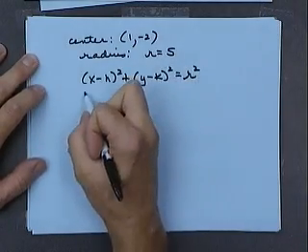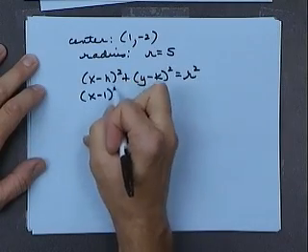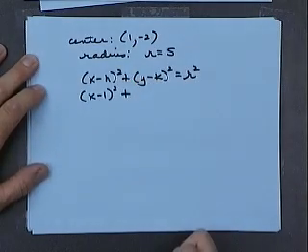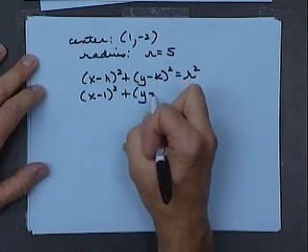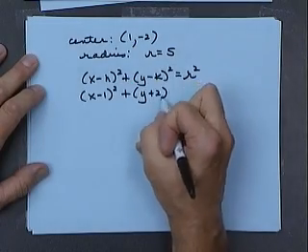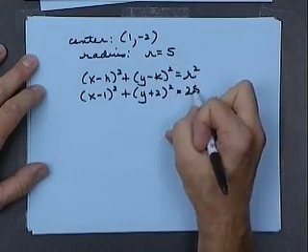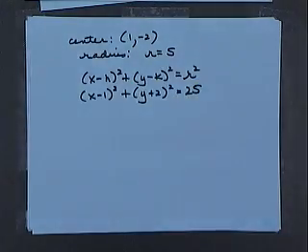So x minus h is 1. Y minus k, the y coordinate of the center, k is negative 2, and the radius squared. So that's pretty easy. If you're given it that way, that's a pretty easy problem.